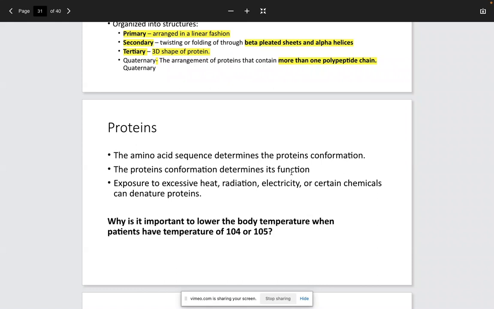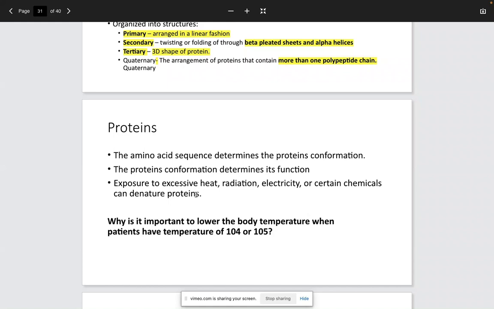So if I said exposure to excessive heat, that's an important one, right? Radiation, electricity, or certain chemicals can denature proteins. What does the word denature mean? Well, denature means to change the structure or to unfold the protein. So I pose the question, why is it important to lower the body temperature when patients have a temperature of 104 or 105, especially for a prolonged period of time?